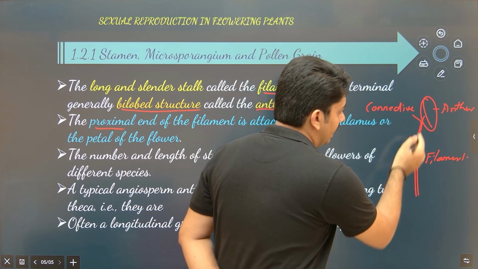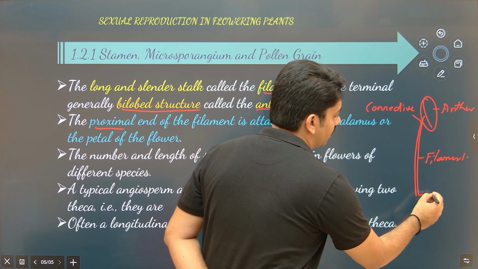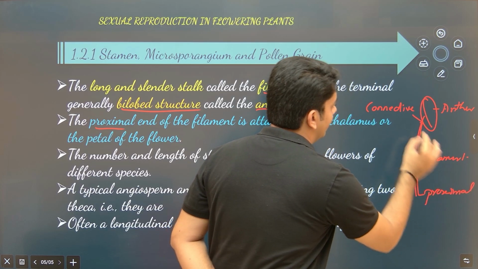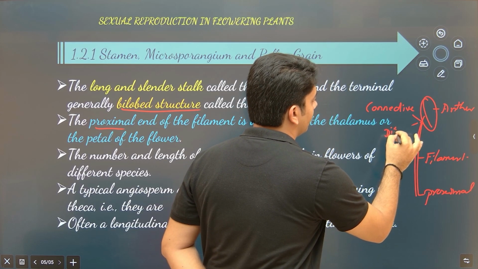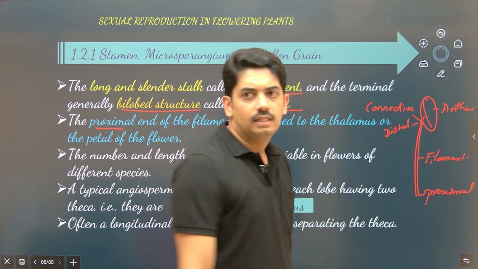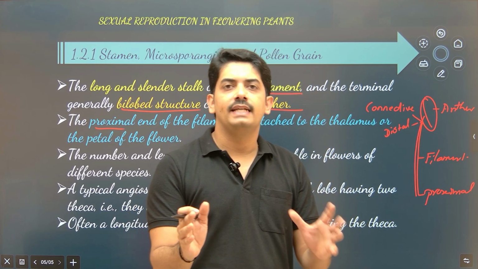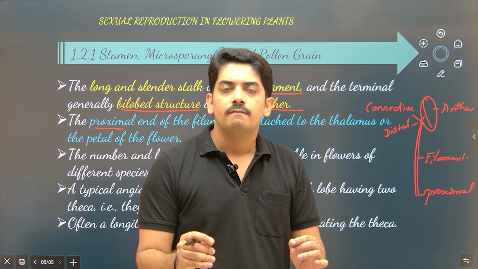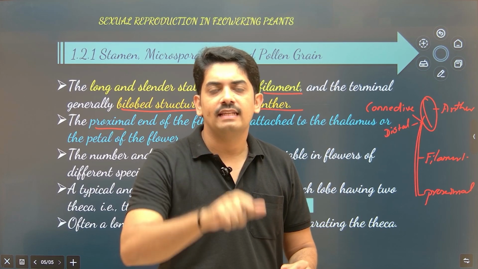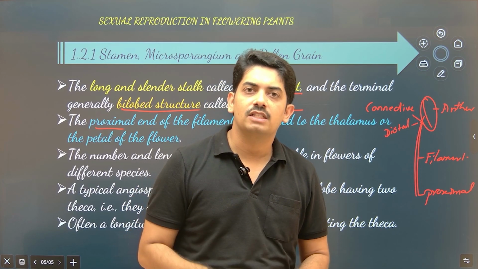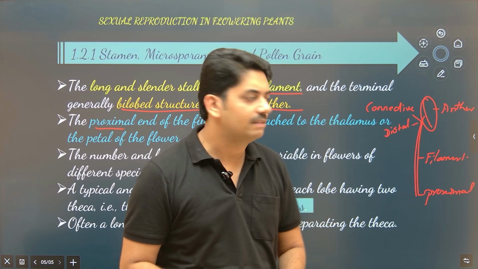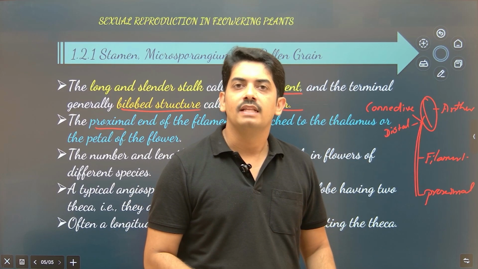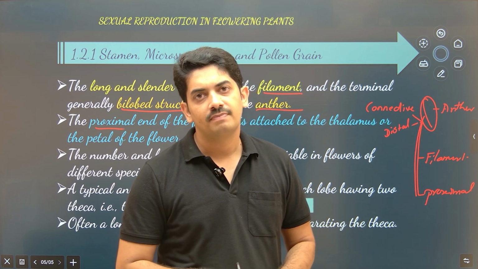That means in the filament, this is proximal and this is distal. Suppose somebody frames the sentence like this: the filament of the anther is present at the distal end, and anther is present. Whether this statement is correct or wrong? Absolutely right, because they have already mentioned that the proximal end is attached to the thalamus, so the anther should be present on the distal end.